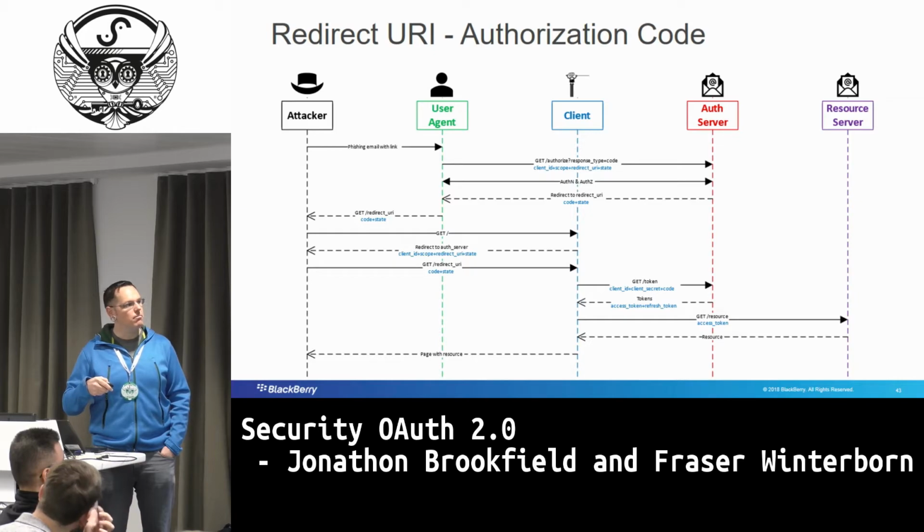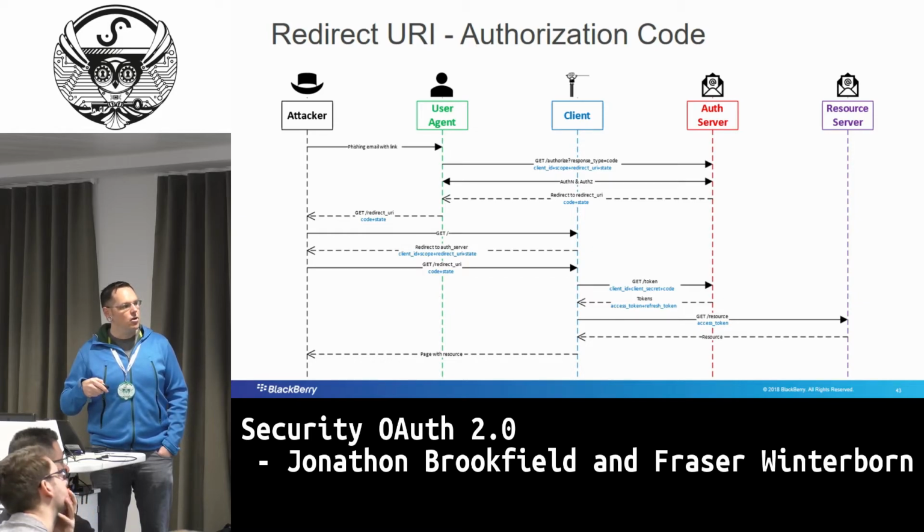At which point, the auth server will then issue a code back to the user agent, but rather than redirecting to the client, based on the redirect URI that came in here, it's redirected back to the attacker.